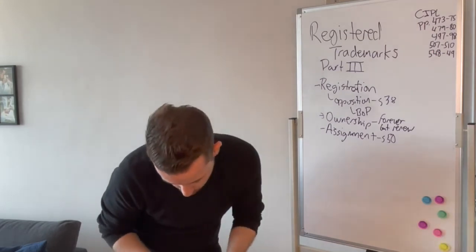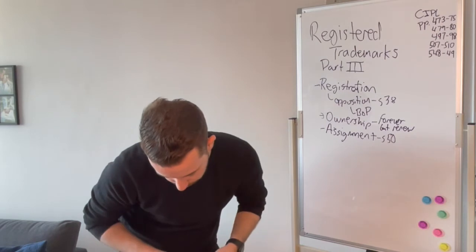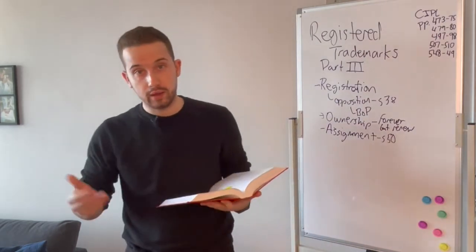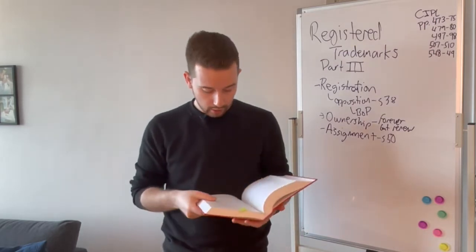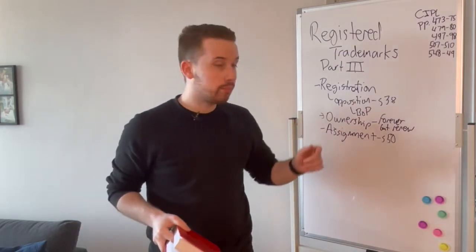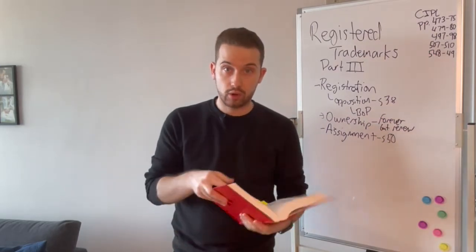And you're given the procedure. So sections 56 and 57, again the numbers are not important, are going to give you the grounds for opposition after it's registered.